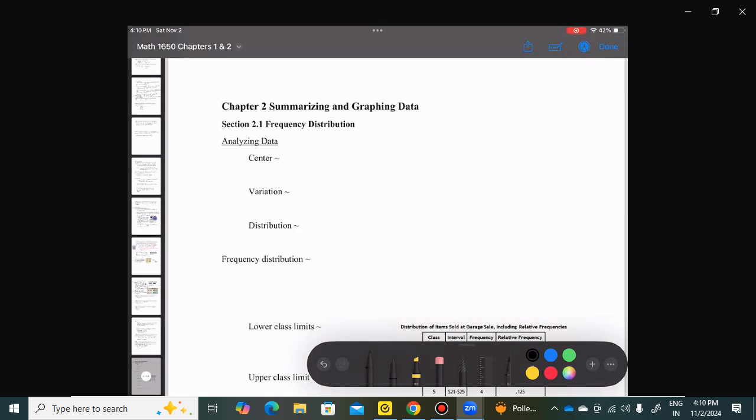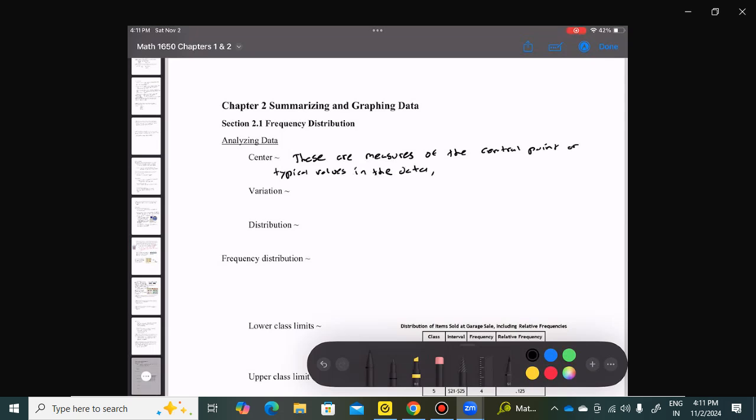When it comes to a data set overall, and so maybe you have 20 data points or 30 data points, a couple of things we really look at. We look at the center of the data. So the center, these are measures of the central point or typical values in the data.